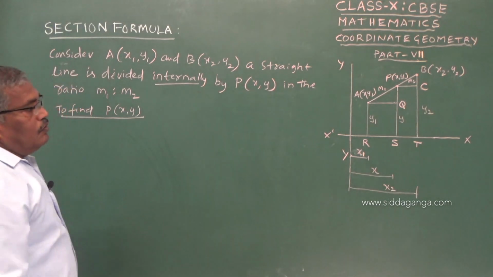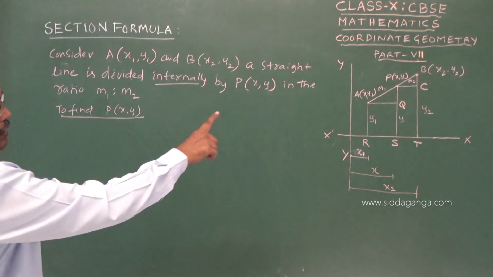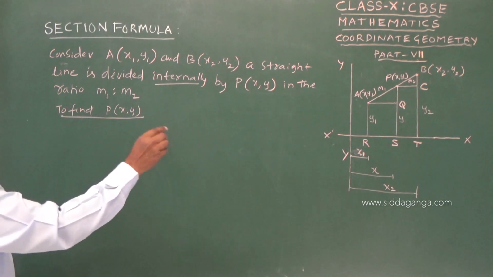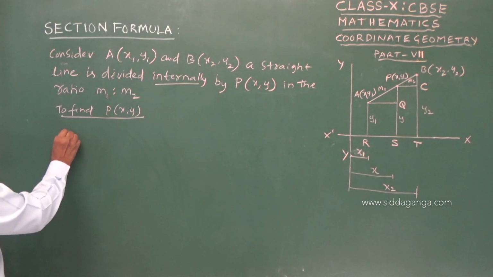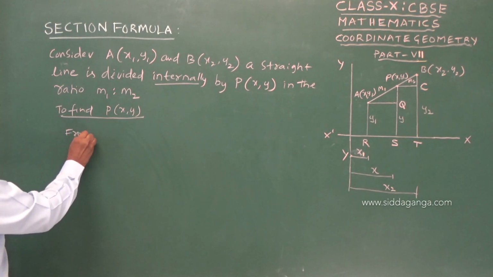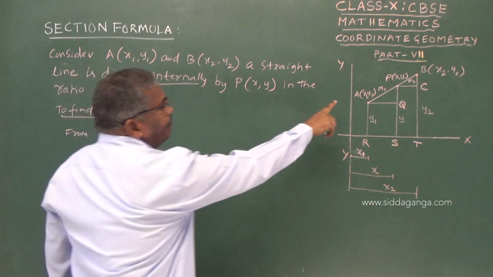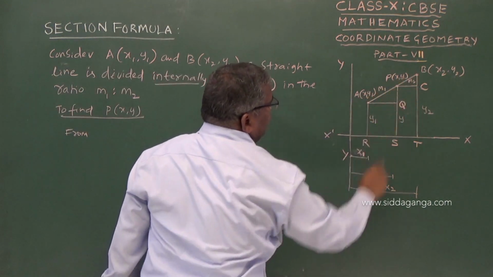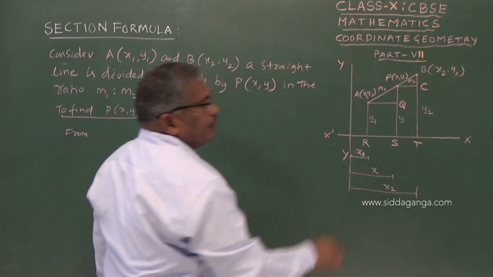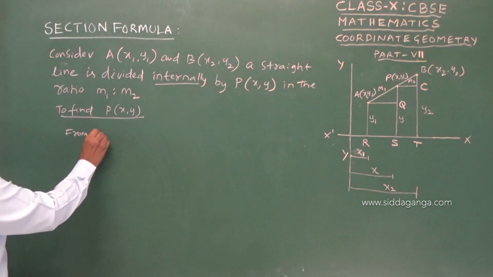Now, you observe here, what we have to do is, from point A, point P and point B, we have drawn three perpendiculars.